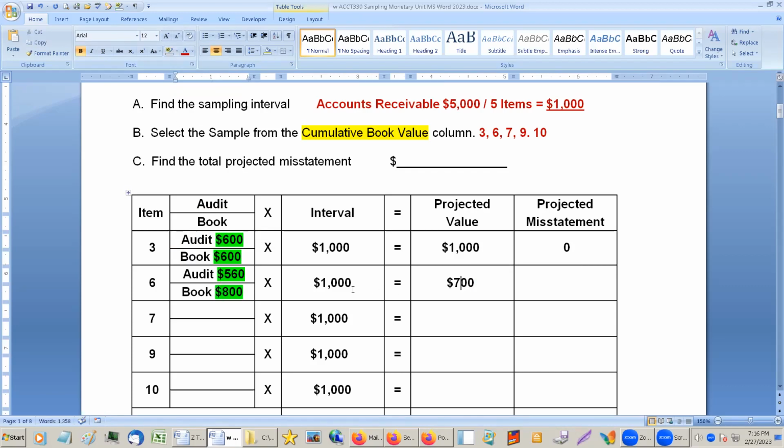If this interval is worth 700, then what is the projected misstatement for that interval? 300. Yes, this $1,000 is really only worth 700, so the misstatement is 300.